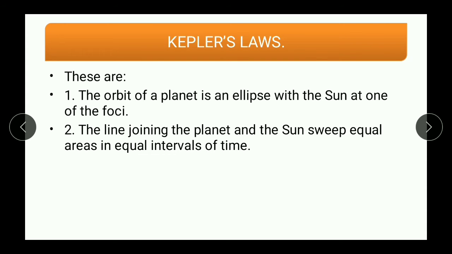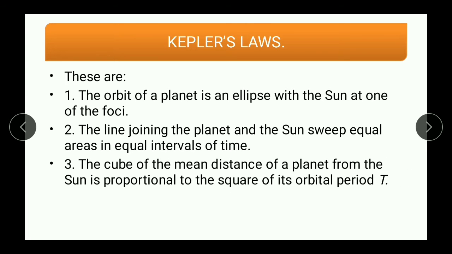The second law: the line joining the planet and the sun sweeps equal area in equal interval of time. And the third law: the cube of the mean distance of the planet from the sun is proportional to the square of its orbital period. So these are the 3 laws stated by Kepler.